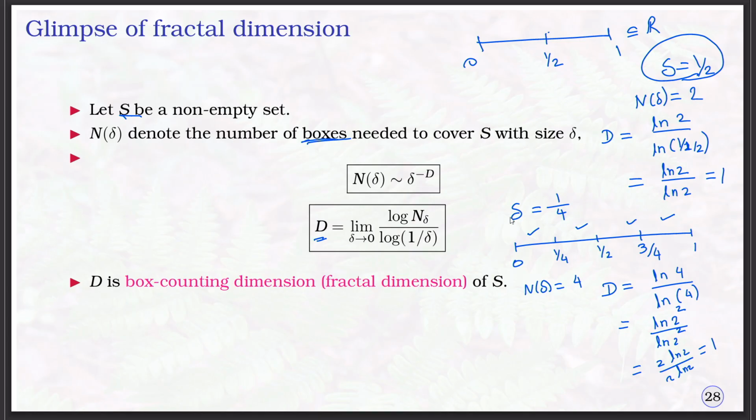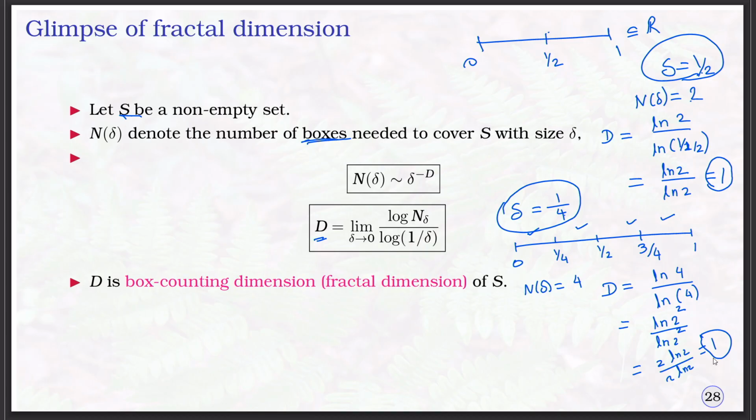So, whenever you choose a different delta, here we chose delta 1 by 2, the number of boxes is 2. If you choose delta 1 by 4, here the number of boxes we get is 4. As delta decreases, the number of boxes required to cover the object increases, whereas the dimension is still the same. So, with respect to the delta, the dimension never changes.